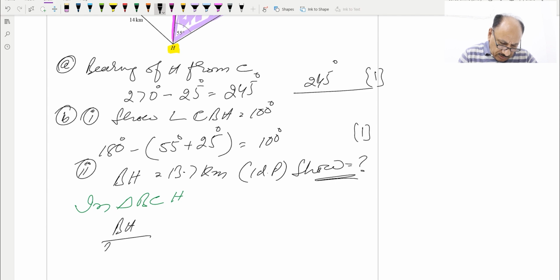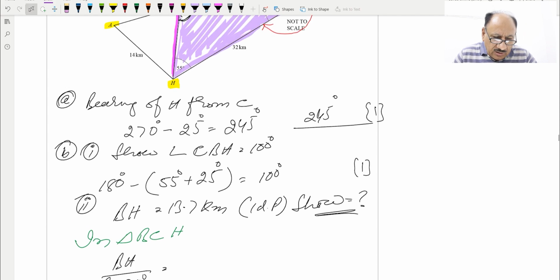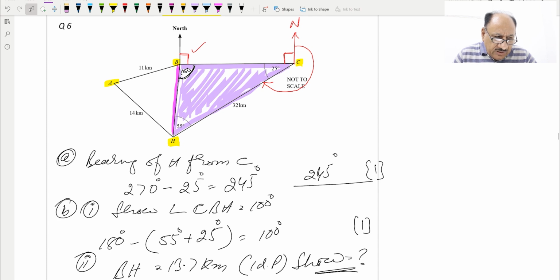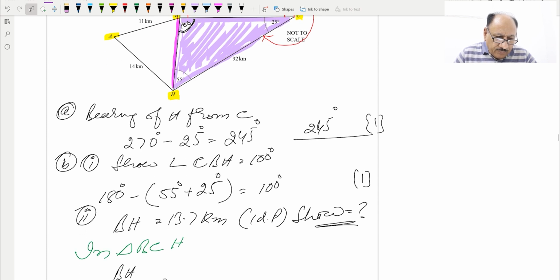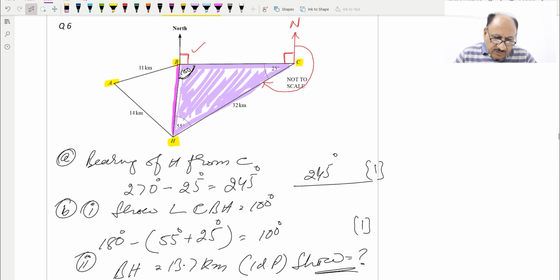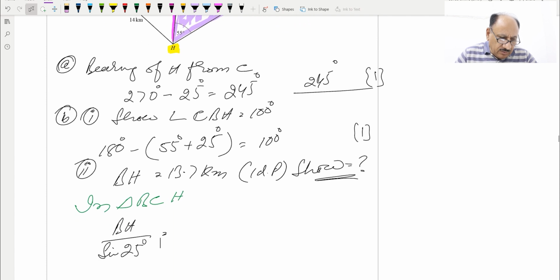BH over sine of 25 degrees is equal to, the other side we can take, not BC, we don't have that, so we'll take HC over the angle B. So HC over sine of 100 degrees, and HC is 32.